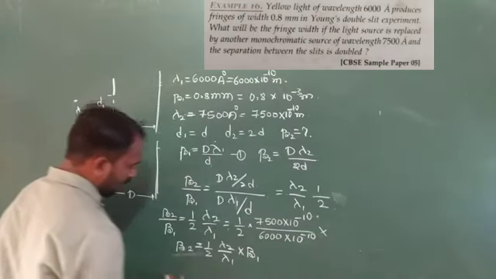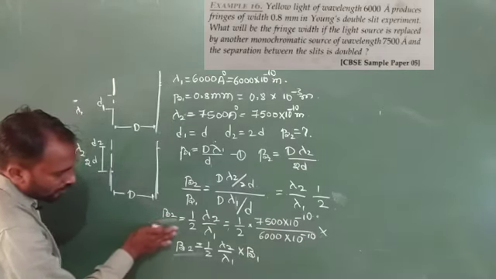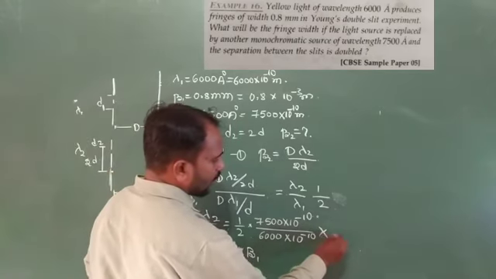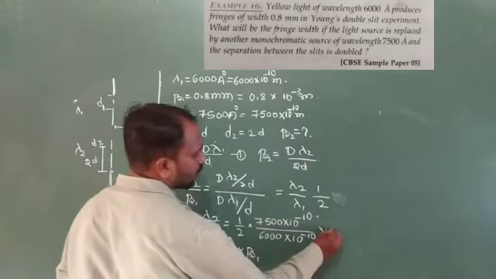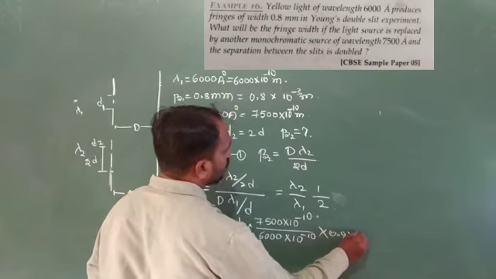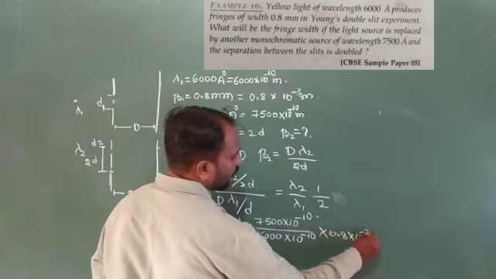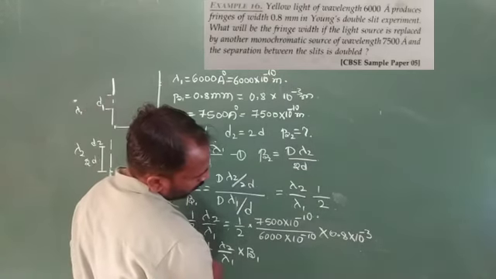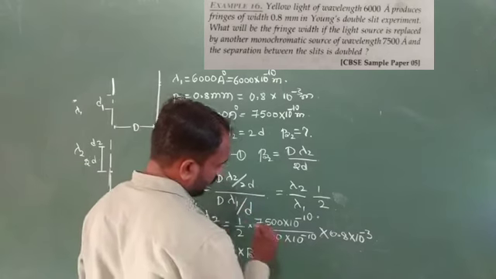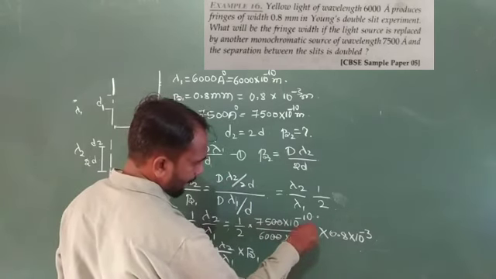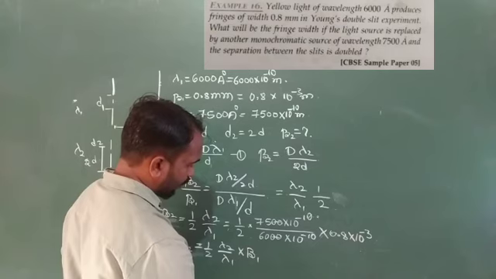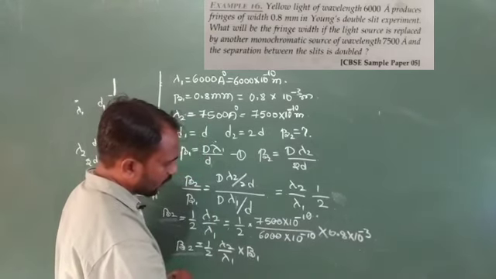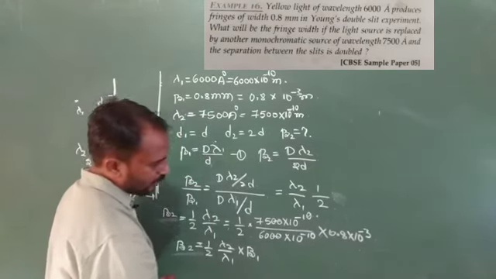Here we want to calculate beta 2, so into beta 1, and the beta 1 value is 0.8 into 10 power minus 3. So finally, 0.5 into 75 divided by 60 into 0.8.